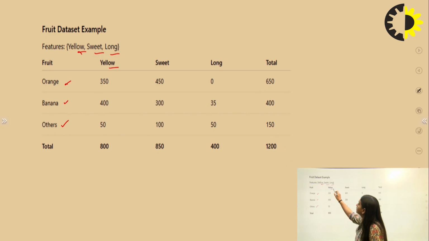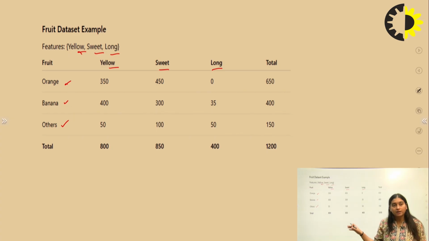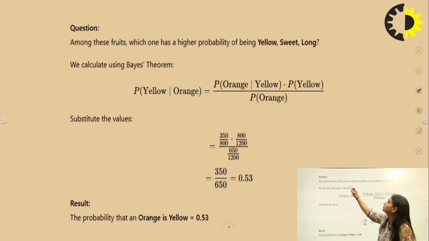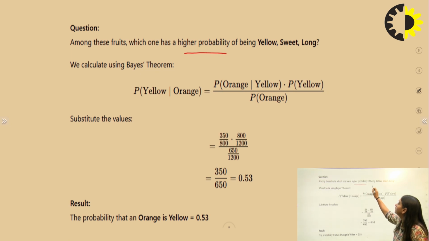The data set is given to you. The question is, among these fruits, which one has the highest probability of being yellow, sweet and long? So you have to apply the naive Bayes classification or Bayes theorem.